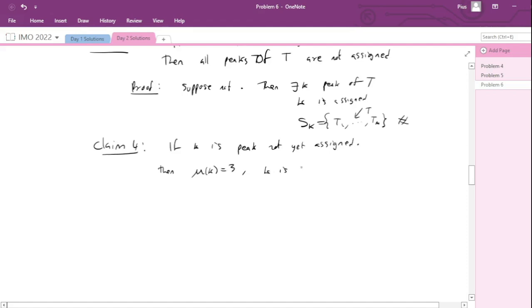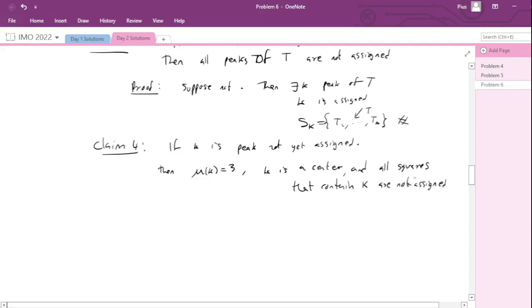K is a center. I'll explain what that means. And all squares that contain K are not assigned.